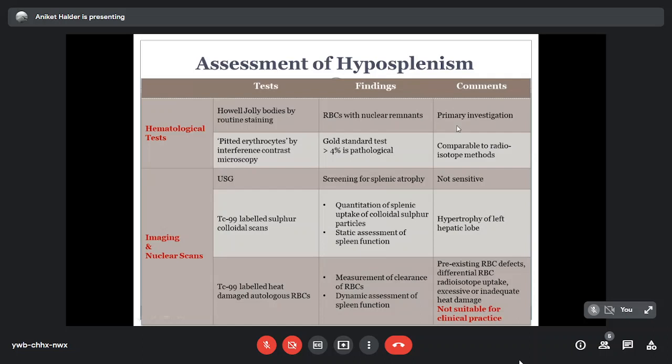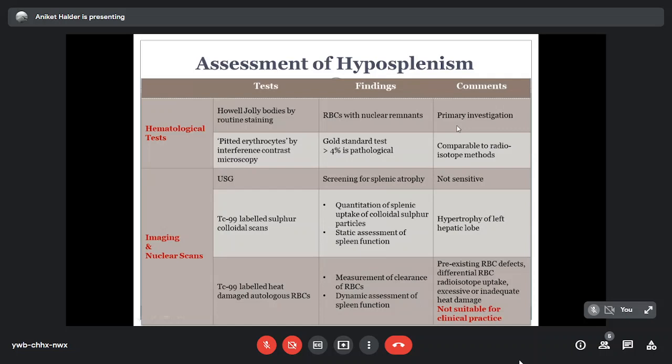So, if hyposplenism is suspected in any patient, the clinician should ask the pathologist to look for the Howell-Jolly bodies. And we as pathologists, while seeing a blood smear, should always be aware of these different RBC inclusions, like the Howell-Jolly bodies and the Pappenheimer bodies.